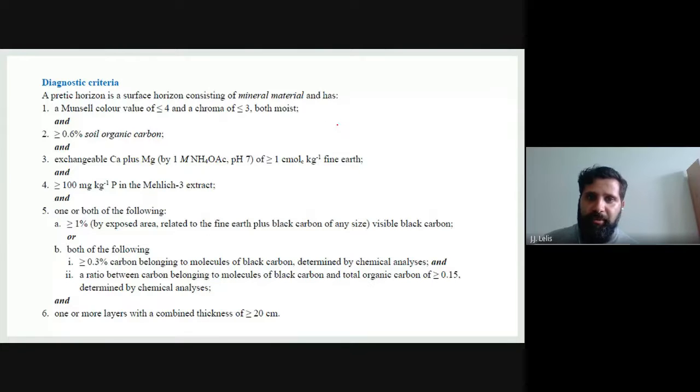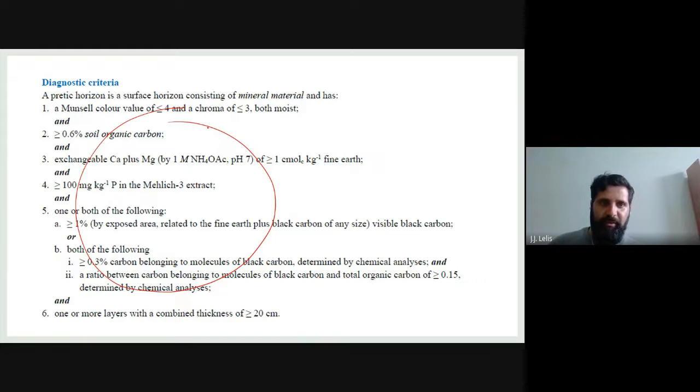The difference between the pratic and the anthratic horizon is that the anthratic horizon is related to influence of water table. Here, we don't see any influence of water table. We don't see gray colors. The difference between the pratic and the arctic horizon: the pratic horizon is related to high content of calcium, magnesium, phosphorus.